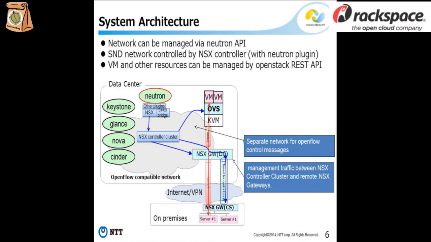We basically control the network through Neutron, so the control packets go to a separate network, and the user can make settings on their gateway through the Neutron API. They can also manage their virtual machines and virtual resources through the OpenStack REST API.